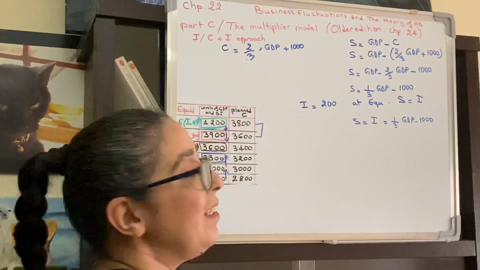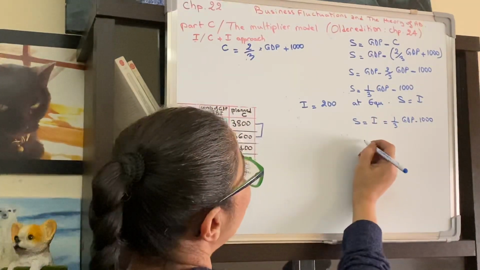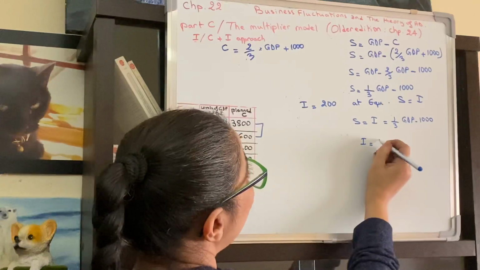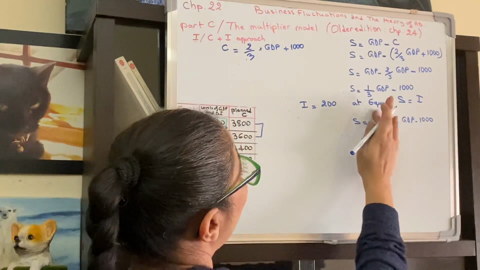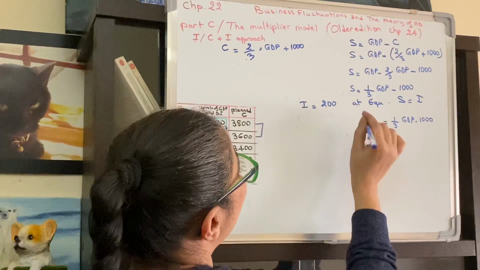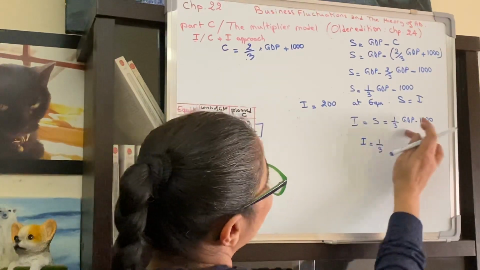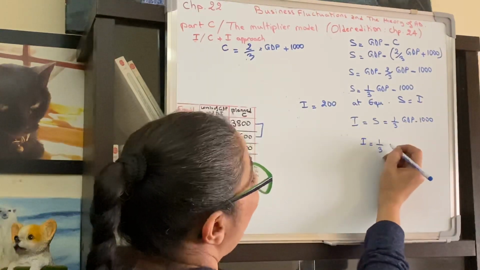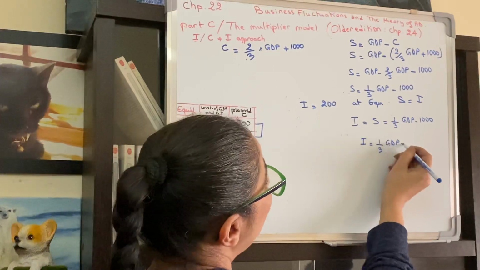Well, I is equal to S. Better, because I'm keeping this one. 1 over 3 GDP minus 1000.